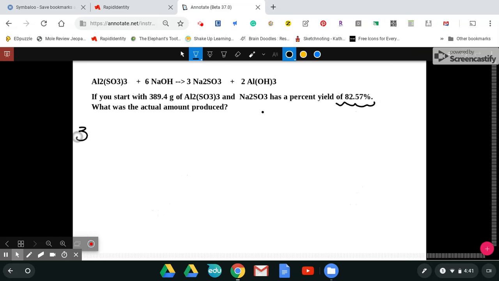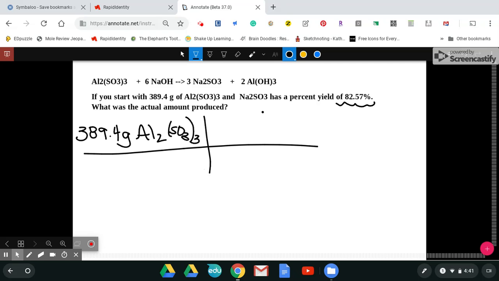So we start off with 389.4 grams of aluminum sulfite. Change that into moles of aluminum sulfite, where the mass of this is 267 grams.